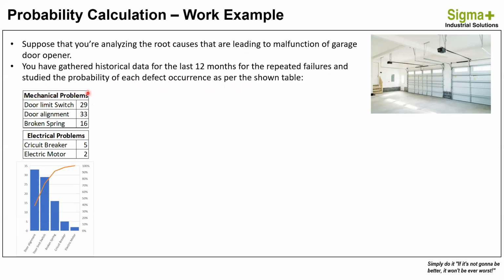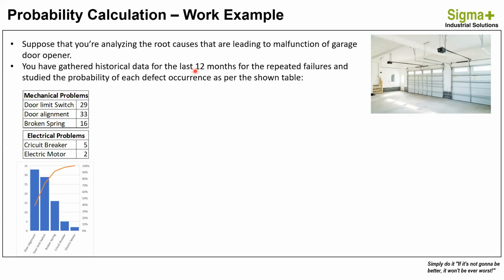So you have categorized your problems into mechanical or electrical problems, and you have summarized three different problems: those in the door limit switch, which occurred 29 times, problems related to the door alignment, which occurred 33 times, and broken spring issues, which occurred 16 times within 12 months or 365 days, okay?